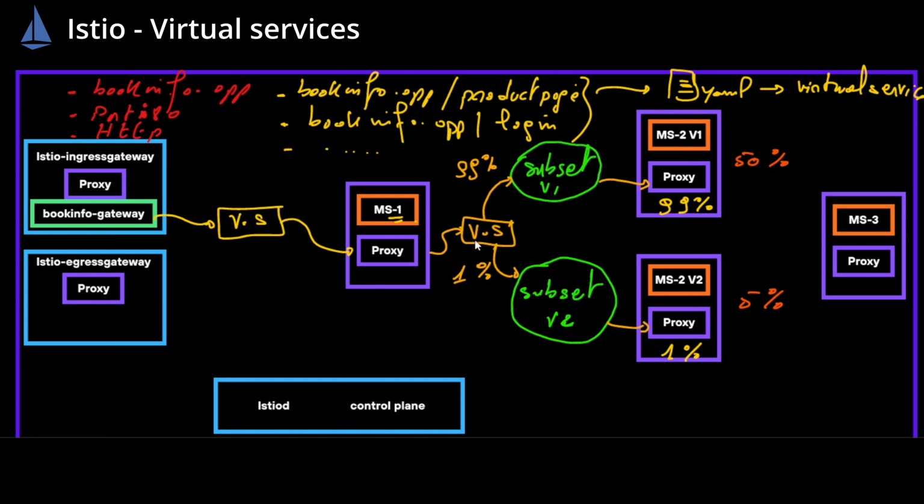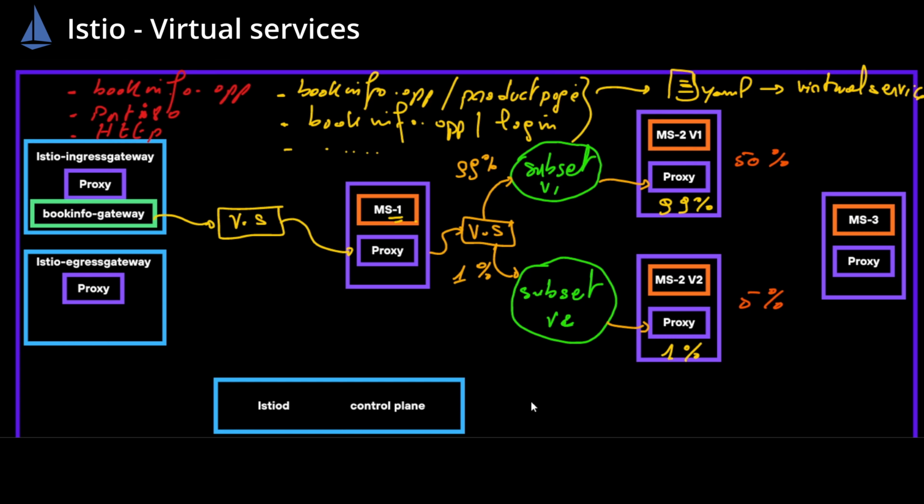Using virtual services and subsets, we can split the traffic as we want regardless of the number of pods, because even if you have more than one pod running V1 of microservice 2, we can group them together using a subset.